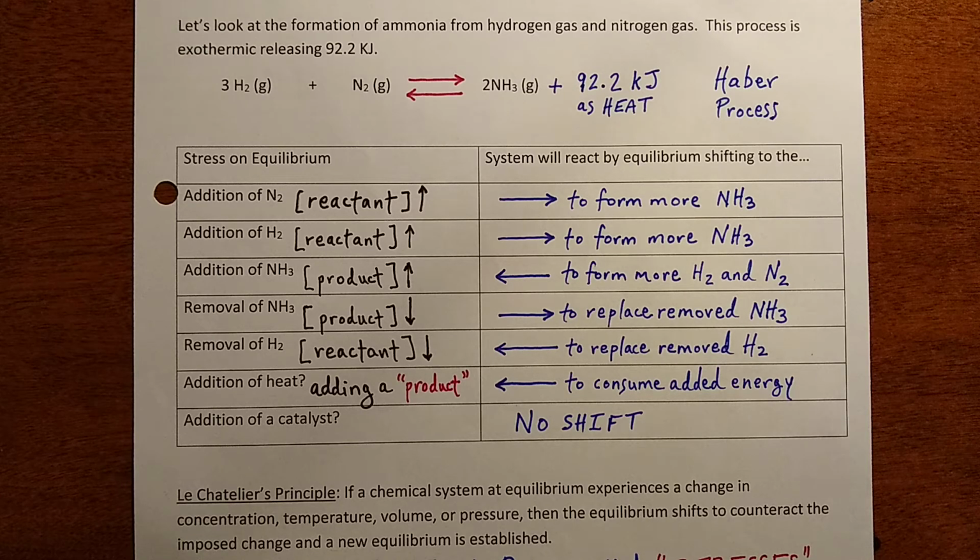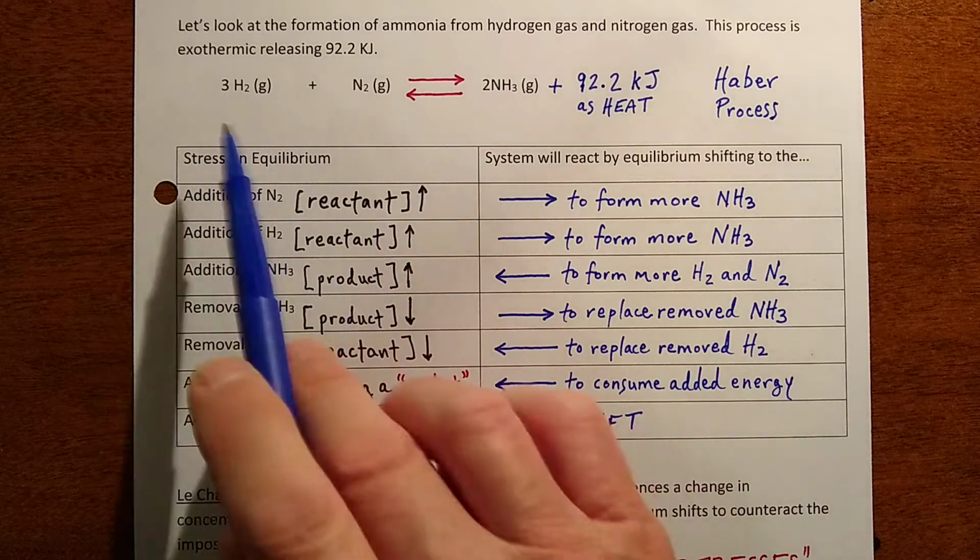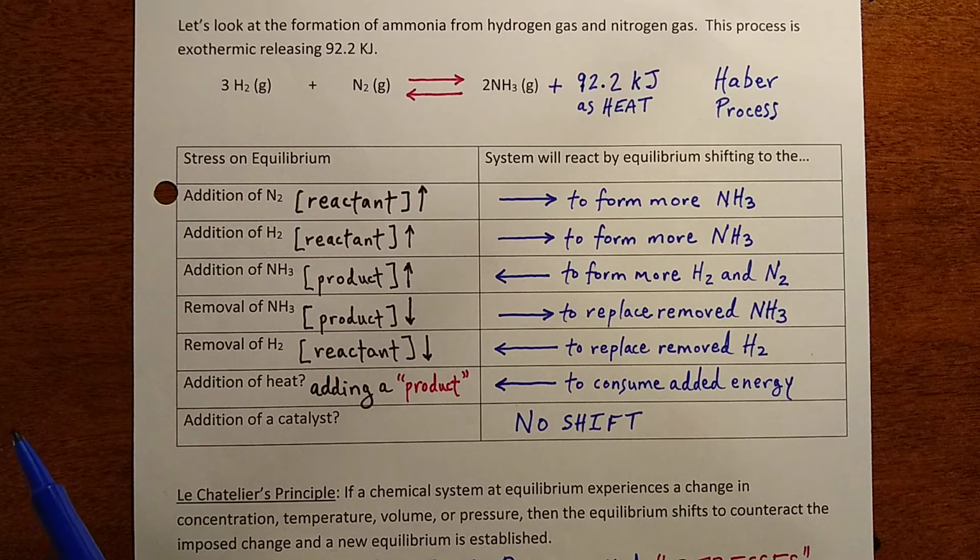That's a pretty high temperature, but not too high. It's high enough that you get some ammonia produced, and also it's high enough that it speeds up the reaction. Remember, increasing the temperature is going to cause the hydrogen and nitrogen to move faster and bump into each other more often, so the reaction will speed up, and that's a good thing from a kinetics point of view.